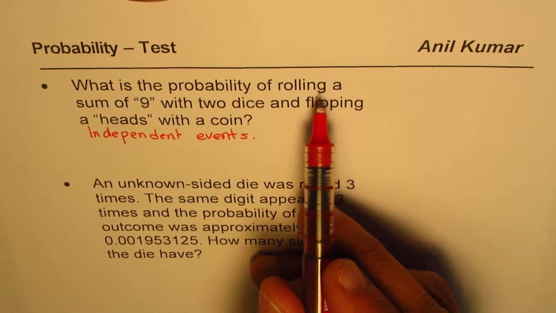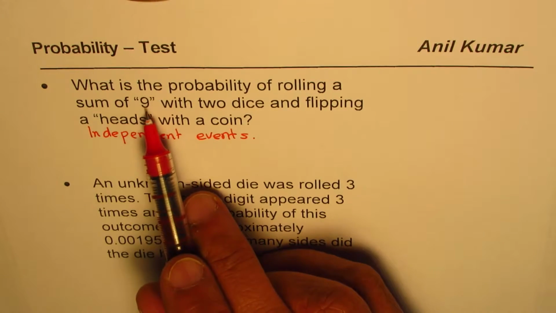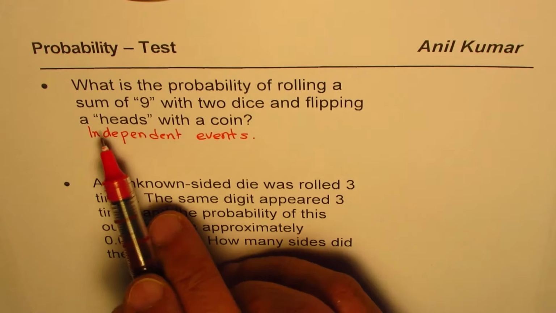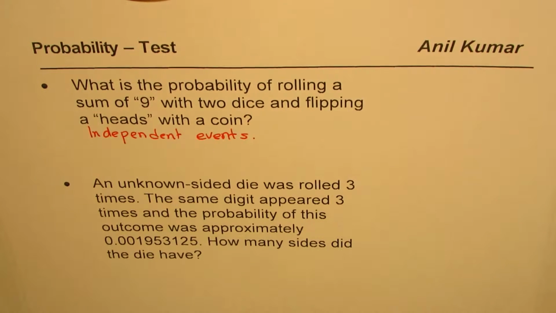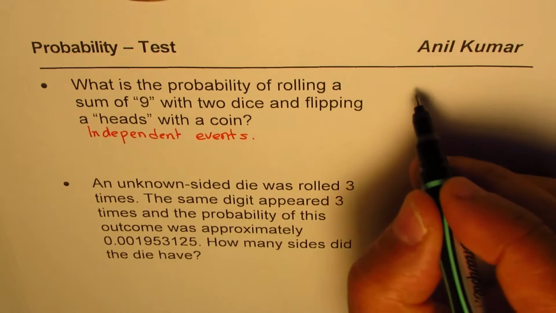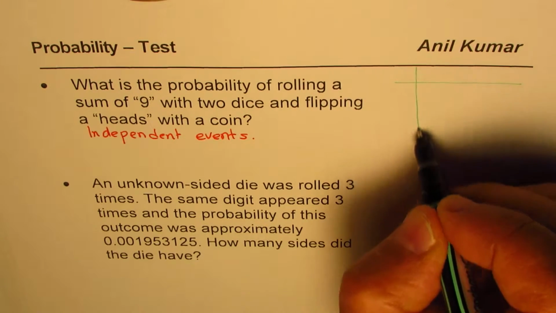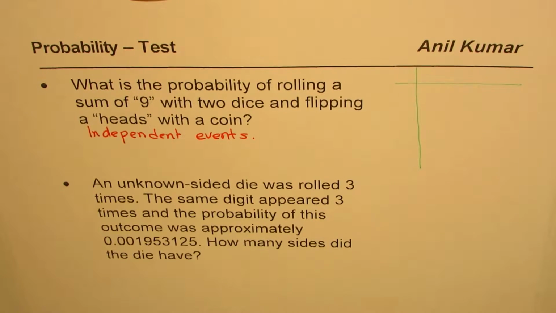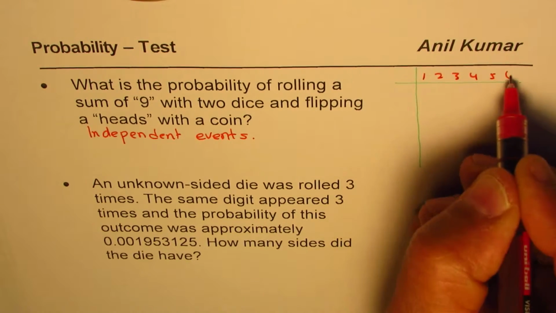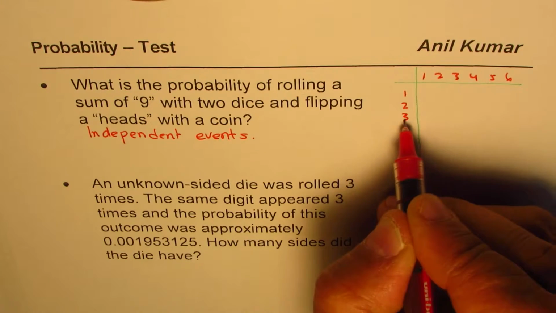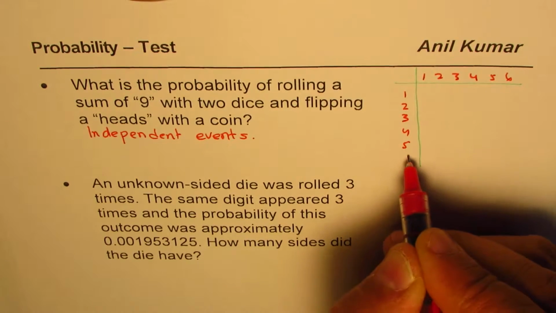Now we can make a table with numbers 1 to 6, correct? So we have the first die 1, 2, 3, 4, 5, 6, and the second one 1, 2, 3, 4, 5, 6, right?